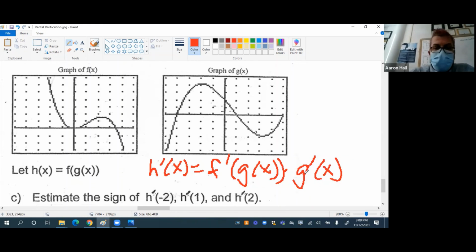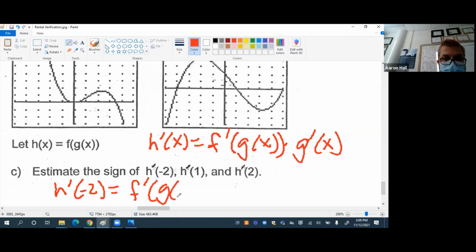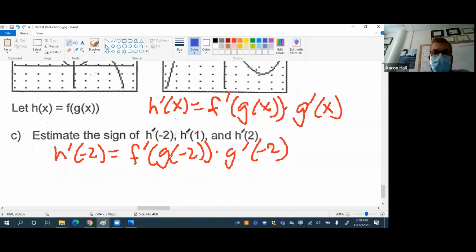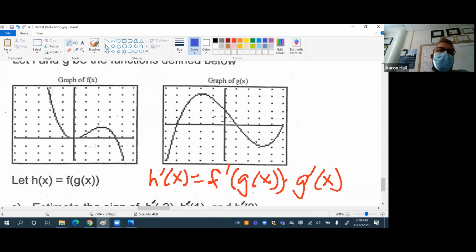Yep. Okay. So now h prime of -2 is f prime of g of -2 times g prime of -2. So where do we start? Let's do this one here. What's g prime of -2?